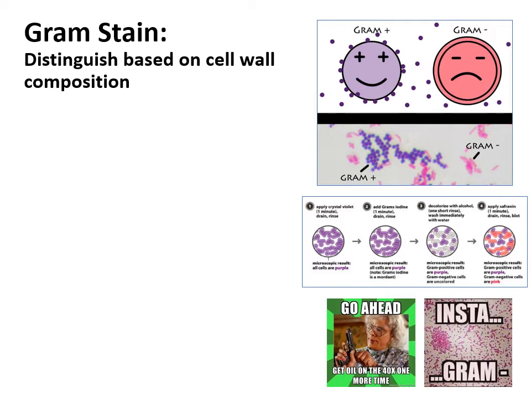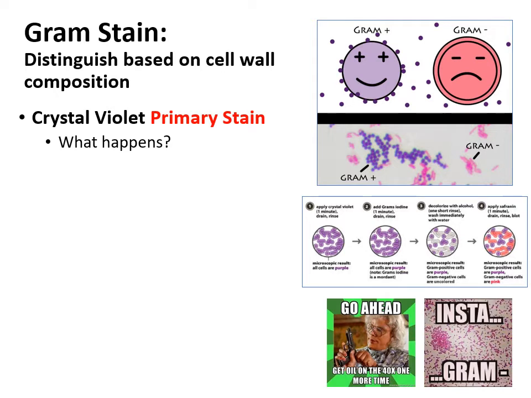So to the Gram stain, when you perform this differential experiment, you have 4 main reagents, and I want you to know the purpose for each one and how any mistakes with them would then change your results. So first, you add a crystal violet primary stain. And when you hear primary stain, that means it's the first dye that you're adding to your cells.